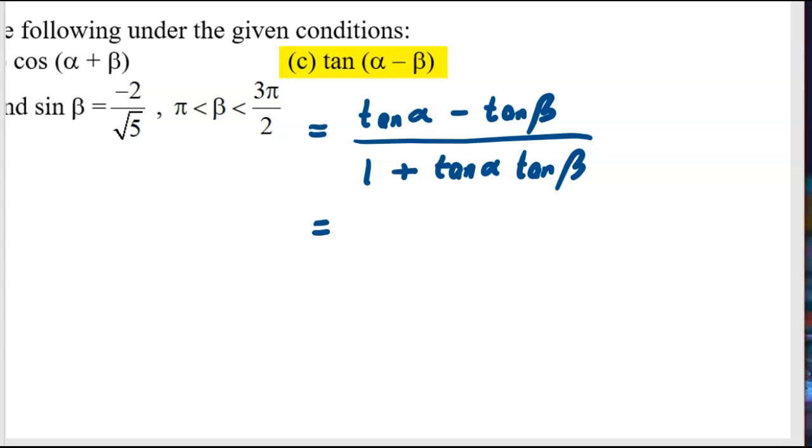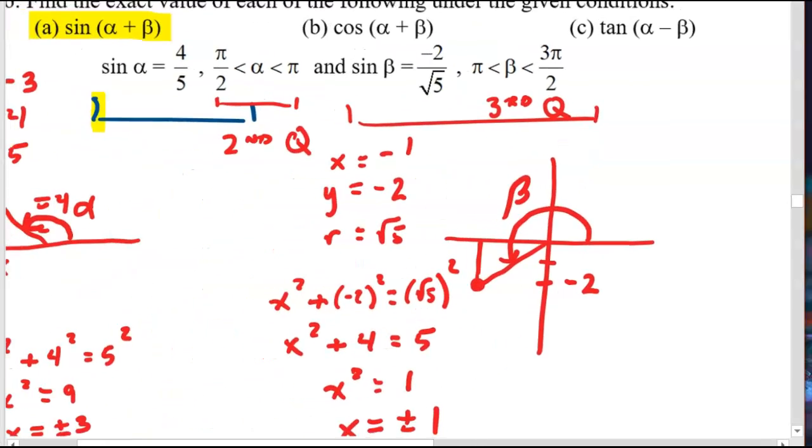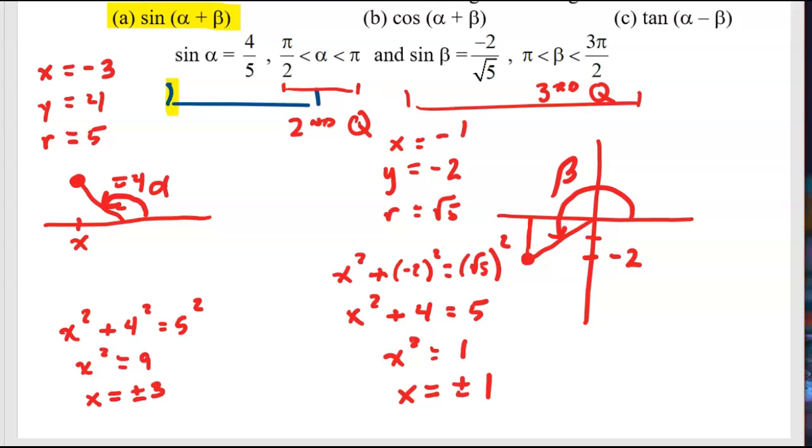So tangent of alpha, go back to our original work. Remember tangent by definition is the y-coordinate over the x-coordinate. So if I go back to all that original work, we have to look at alpha. So we're going to have 4 over negative 3 for tangent alpha. And then for beta, it's going to be negative 2 over negative 1, which is going to be positive 2.